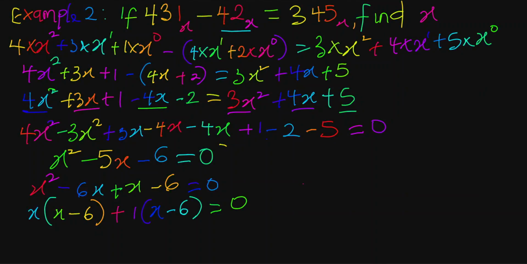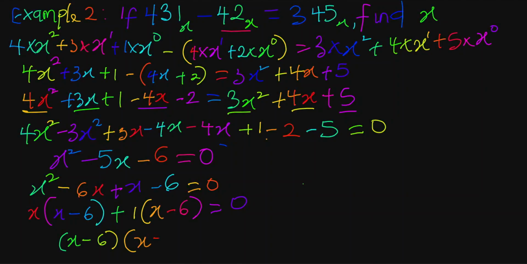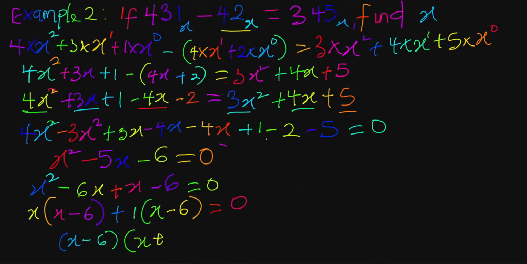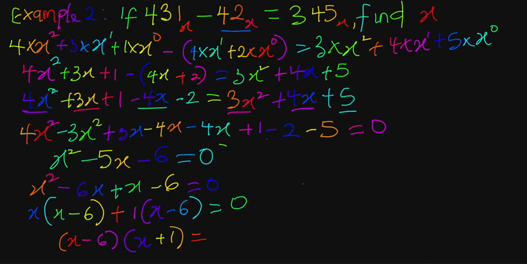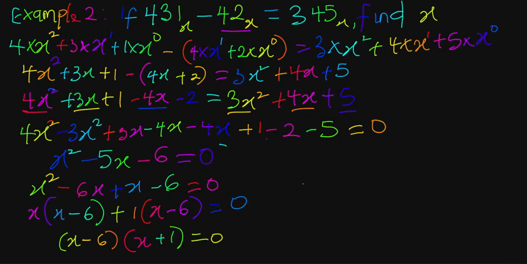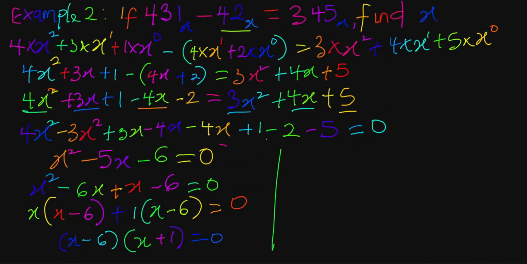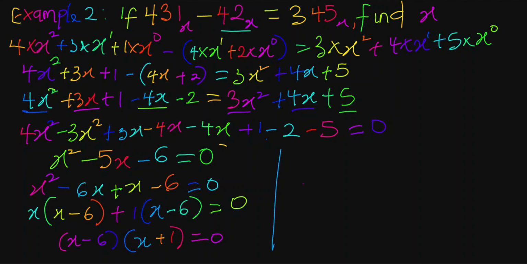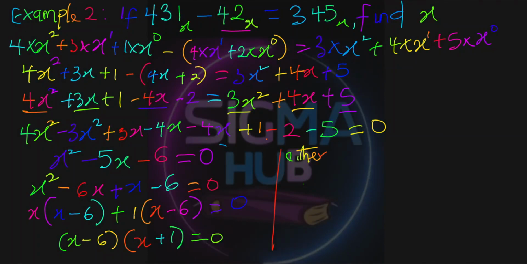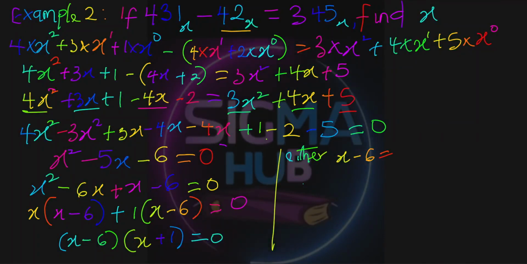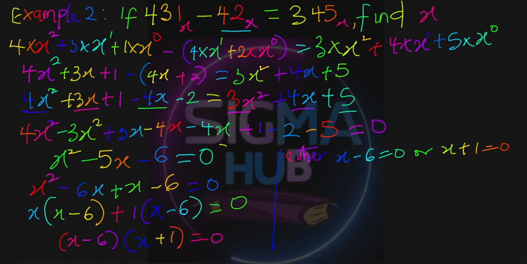So from here, you can pick x minus 6, then x plus 1 equal to 0. So you can easily get your answer here, either x minus 6 equal to 0 or x plus 1 equal to 0.